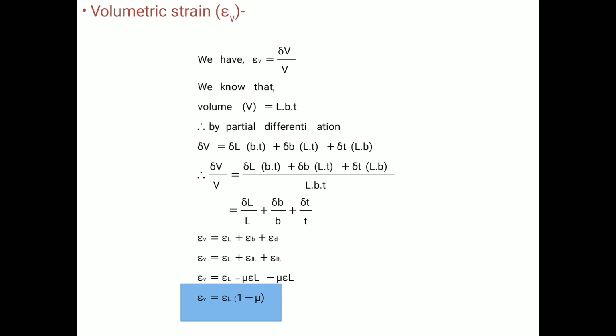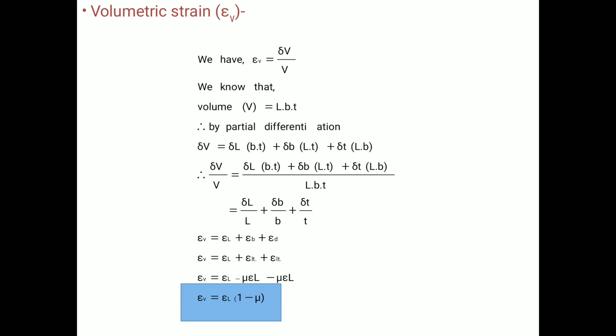Therefore, V is equal to L into B into T. As V is a function of more than one variable, we have to consider partial differentiation. Therefore, by partial differentiation, we have delta V is equal to delta L into BT.